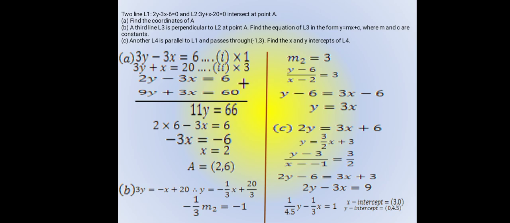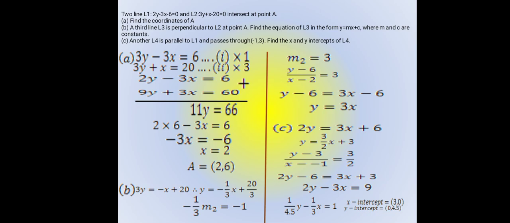Two lines, L1, that is 2y minus 3x minus 6 is equal to 0, and L2, that is 3y plus x minus 20 is equal to 0, intersect at a point A. A, find the coordinates of A. B, a third line, L3, is perpendicular to L2 at point A. Find the equation of L3 in the form y is equal to mx plus c, where m and c are constants.